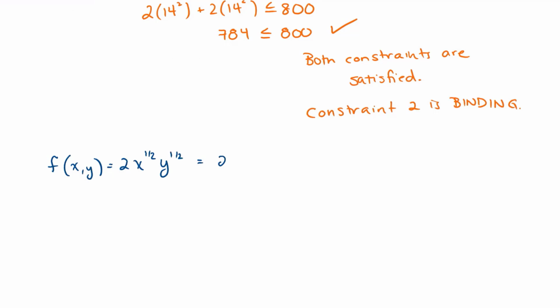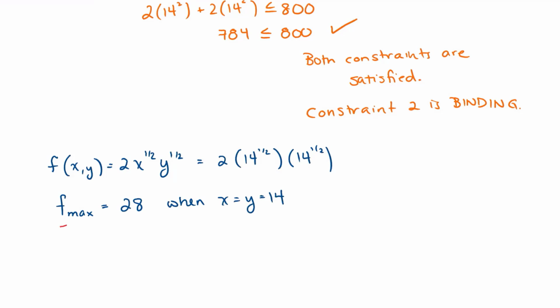So I'm going to substitute in my x values: 14 to the power of half times 14 to the power of half. And what I get is f max is equal to 28. And it's when x is equal to y, which is equal to 14. This would be our critical point, 14, 14, 28.